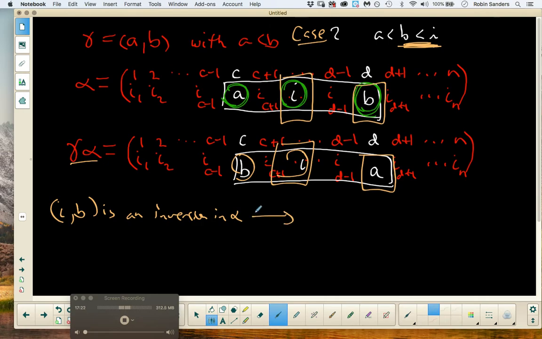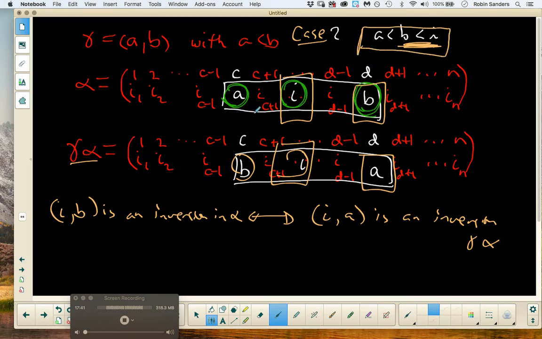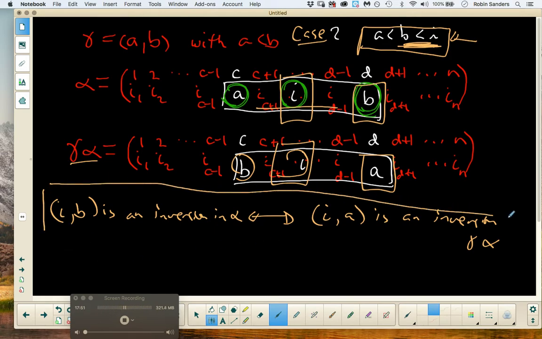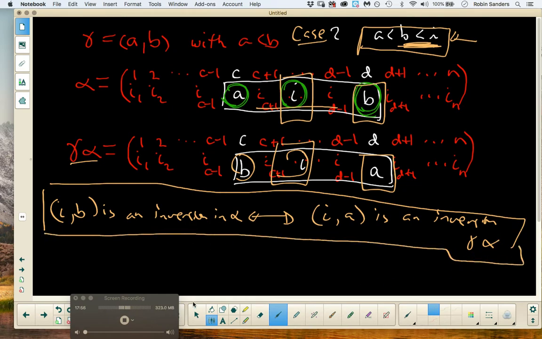And so that's going to correspond to the inversion IA over here in first do alpha, then do gamma. And so again, what we notice is that for each of the I's that are in this part of the second row and satisfy our case 2 condition, we get a 1-to-1 correspondence between the inversions in alpha and the inversions in first do alpha, then do gamma.